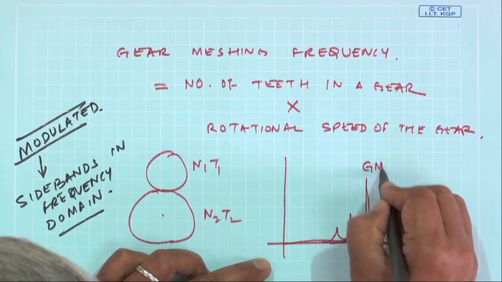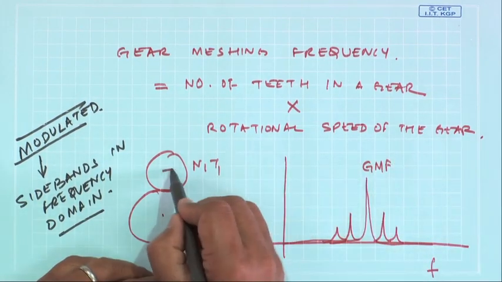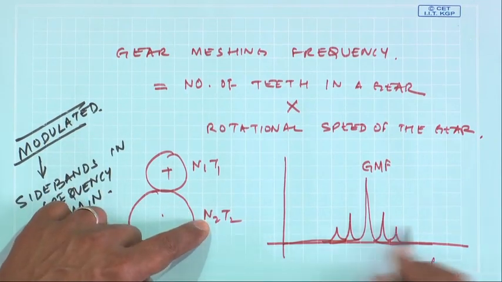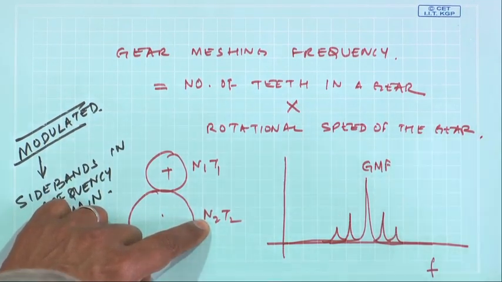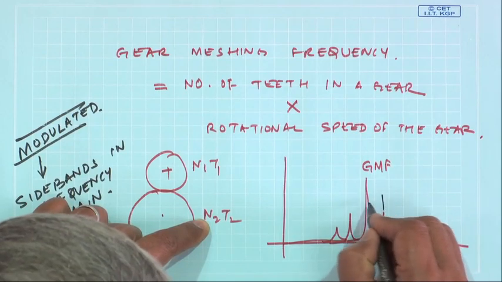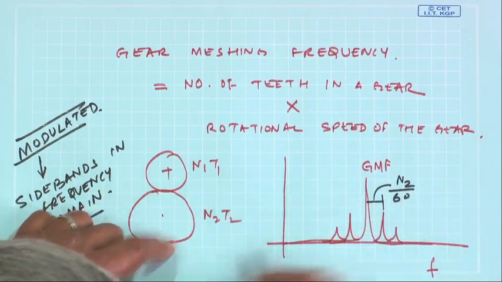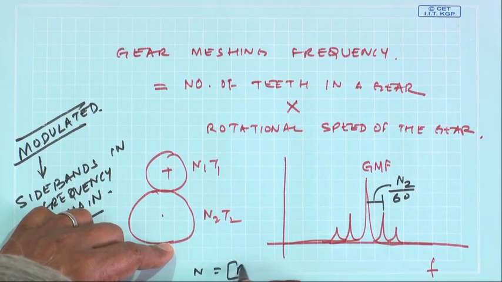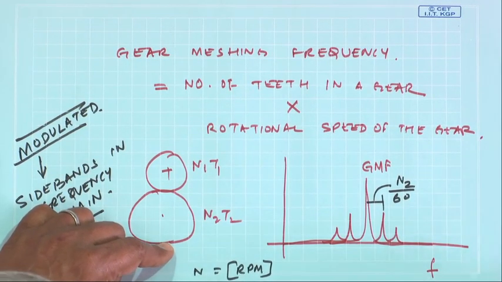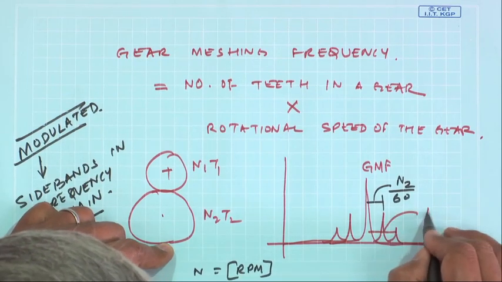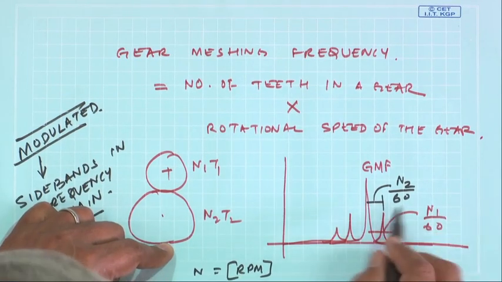This is the GMF, and in this case N2, T2 being large, N2 will be smaller. So, this distance is nothing but N2 by 60, where N is in RPM, and this will be N1 by 60 and so on.